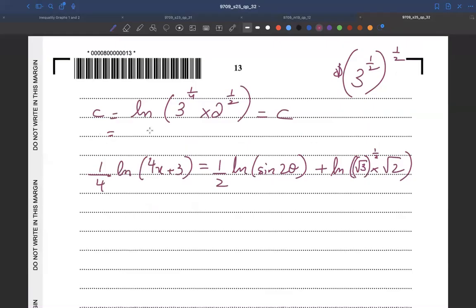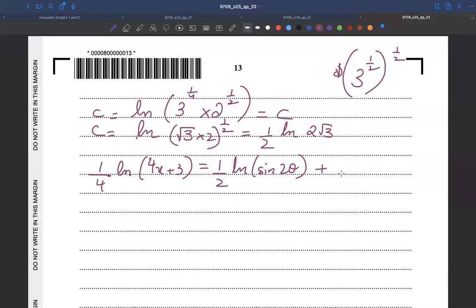If I write it as ln of 3 root 3 into 2 to the power of half, it basically is the same thing, right? Because half into half will become 1 upon 4, and 2 to the power half will be the same. And this half can come on the left hand side, and we can write it as 1 upon 2 ln of 2 root 3. So yes, this is a better simplified answer. We can write it as 1 upon 2 ln of 2 root 3.